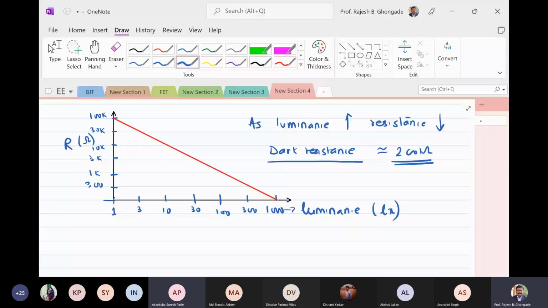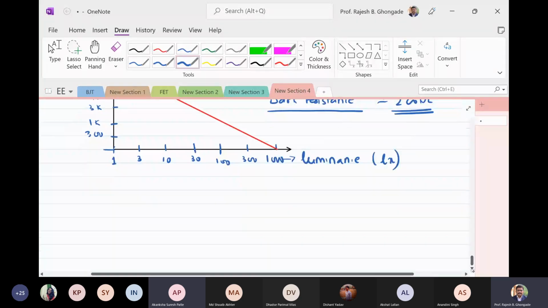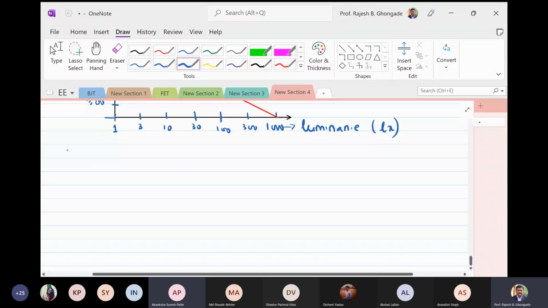Let us quickly see the typical specifications.